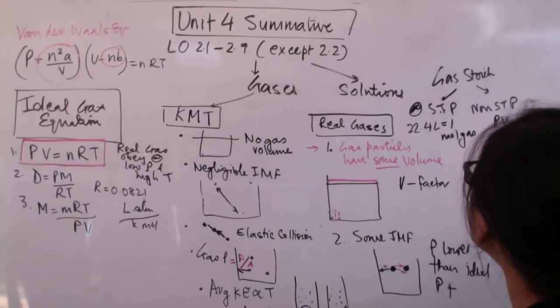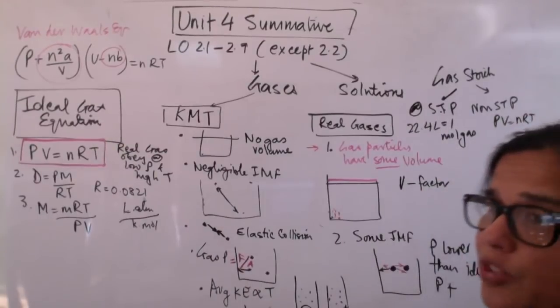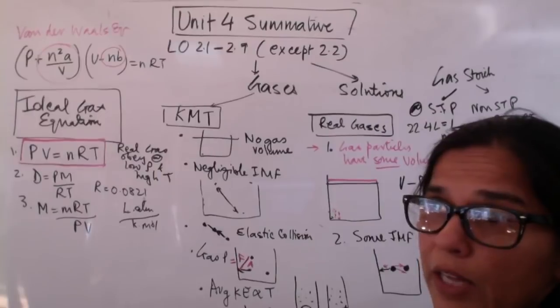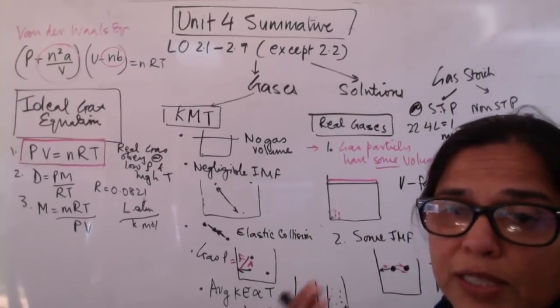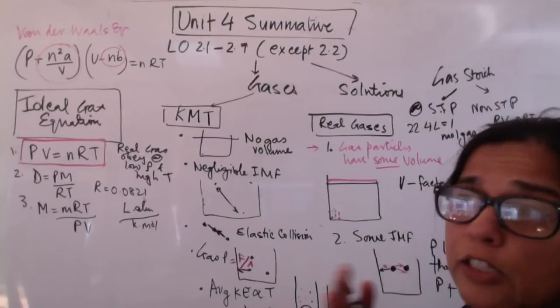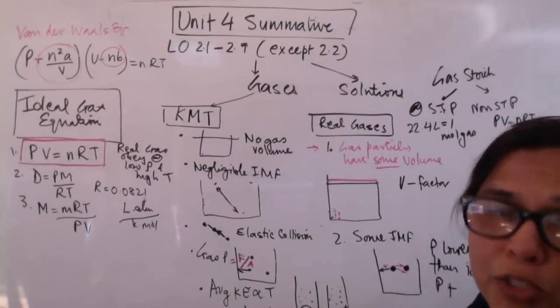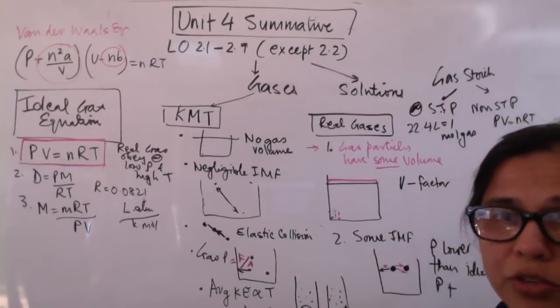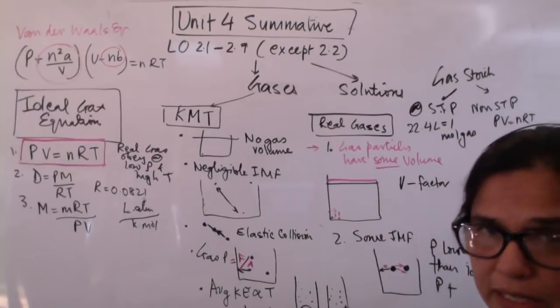At non-STP, we use the ideal gas equation. Gas stoichiometry typically is used when you are given some amount of gas that was collected and you're asked the volume or mass, either the volume of another gas or the mass of a solid. And I will do one problem with you on gas stoichiometry so you can see how that plays out.